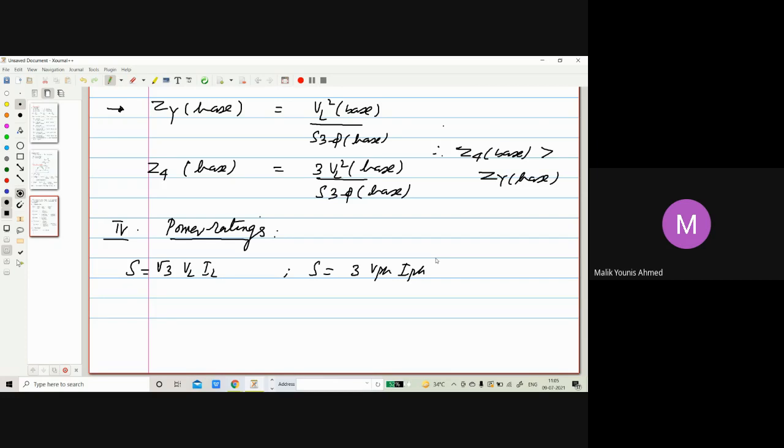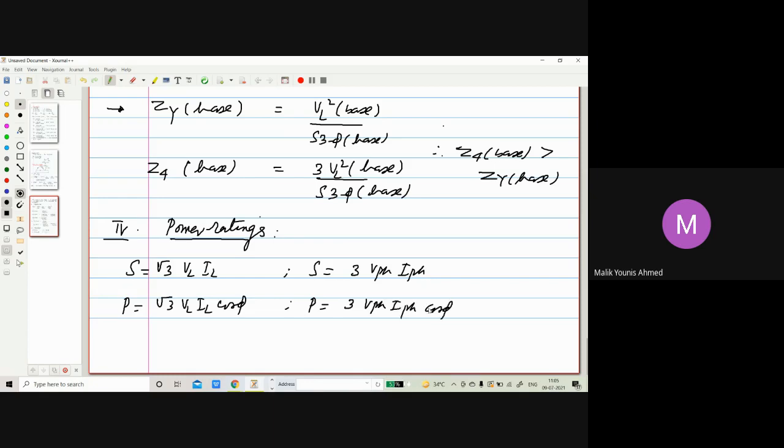Okay, so we have real power, which is 3 V phase I phase cos of phi in terms of phase values.